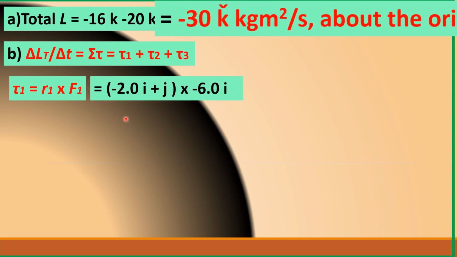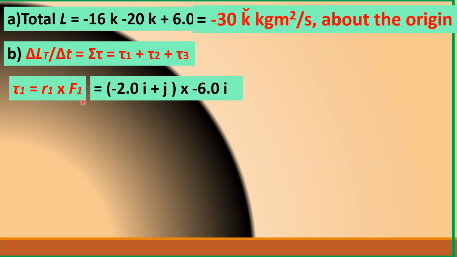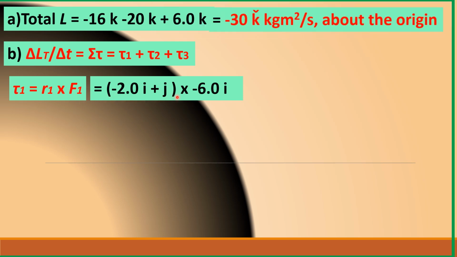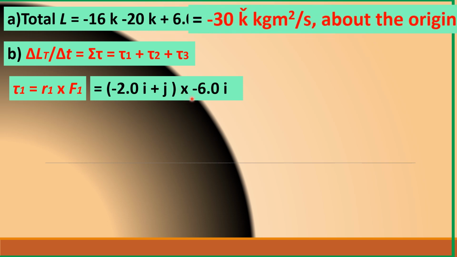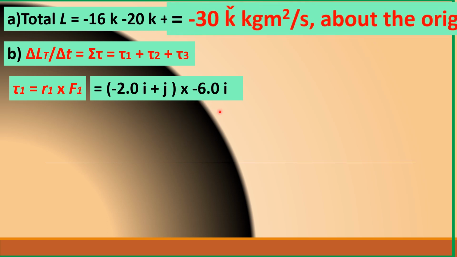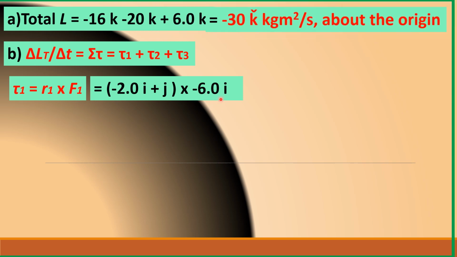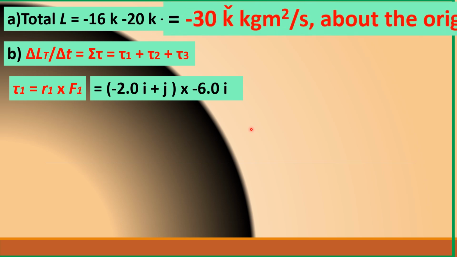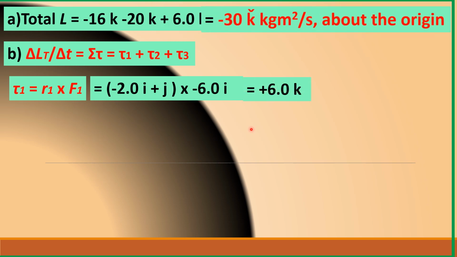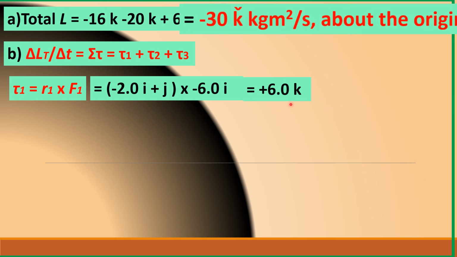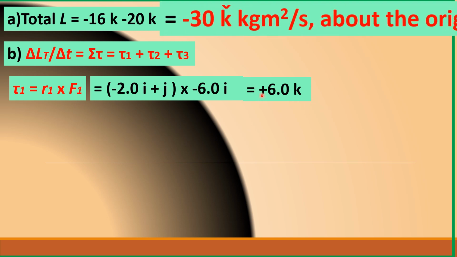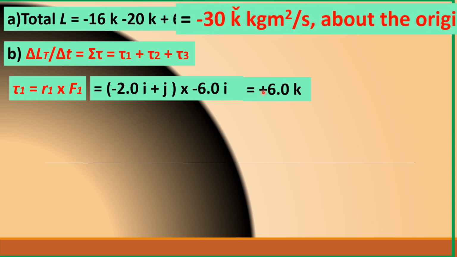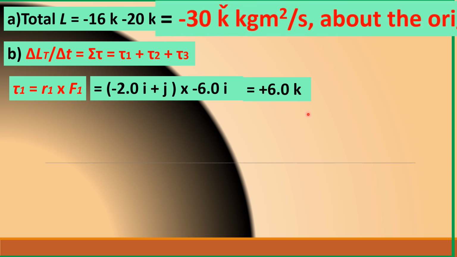Substituting, the value for r1 is equal to negative 2.0i plus j, cross multiplied by the value of F1, which is negative 6.0i newton. So we will get the value for torque number 1 equal to positive 6.0k. Again, you can verify the sign for our torque number 1, why it is positive, using your right hand rule.